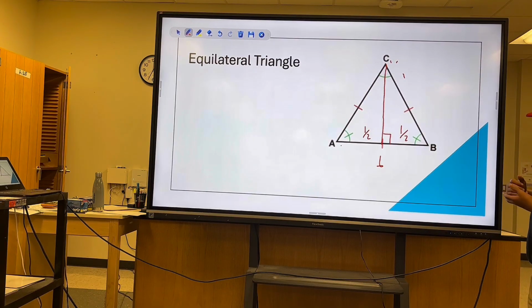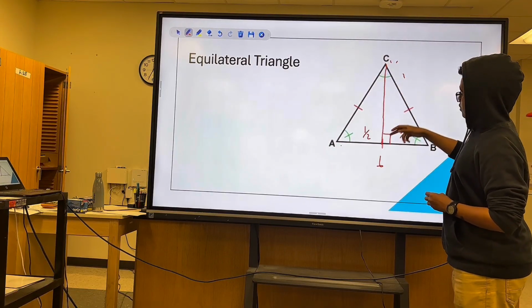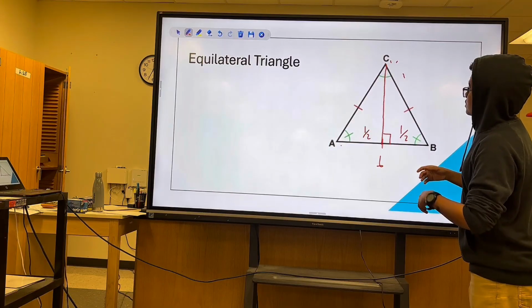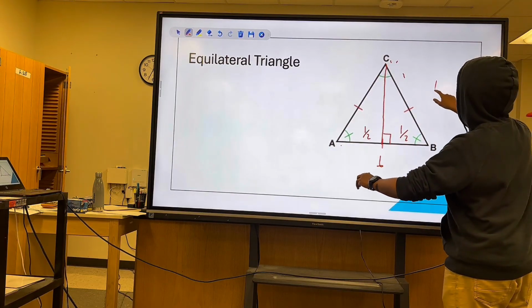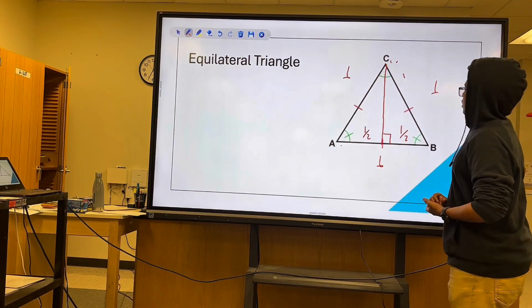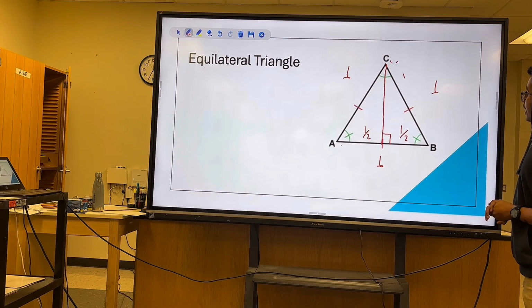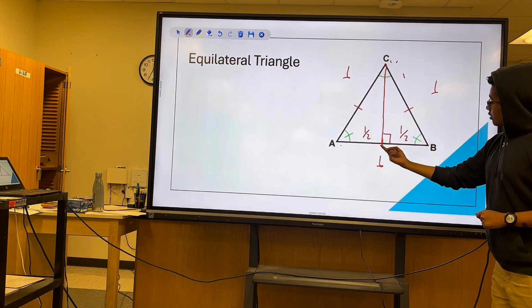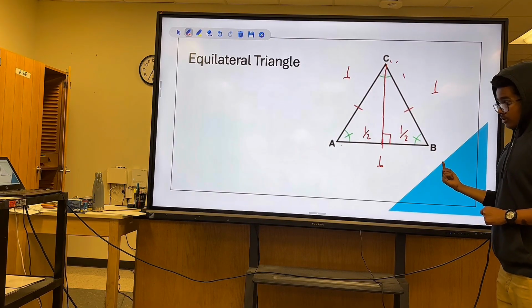So now what we're going to do is find the height length. Since we know this is 1/2, and since this is an equilateral triangle, all these sides are 1 unit. So now we know the side of the triangle and also the base of the triangle.